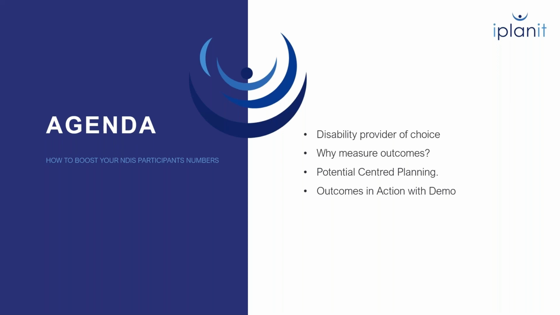As a result of this process, we've found it's possible to demonstrate to prospective participants, their caregivers, support coordinators, and the general community that an organisation is making an impact with its participants through goals and outcomes functionality and reporting. It's a very powerful metric for websites and advertisements. We will then move to a demonstration of how you can put this in practice within your organisation.